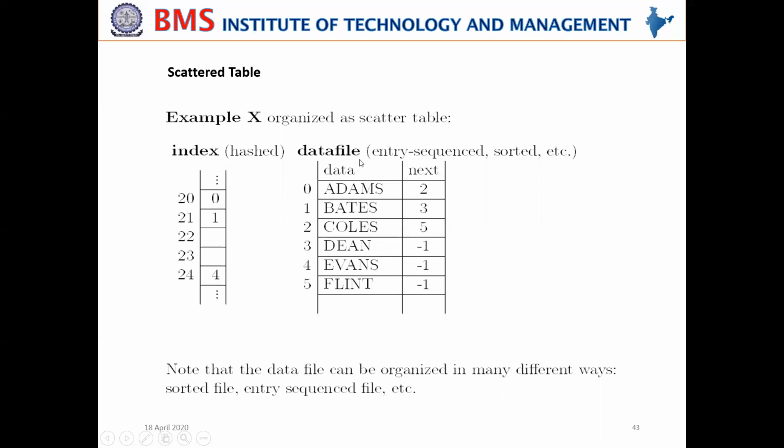This is your separate file called the data file, and this is called the index file. The index file only stores the starting index where those particular records have been stored in the data file. And your data file works similarly to the previous techniques we have used. So this is the end of hashing.